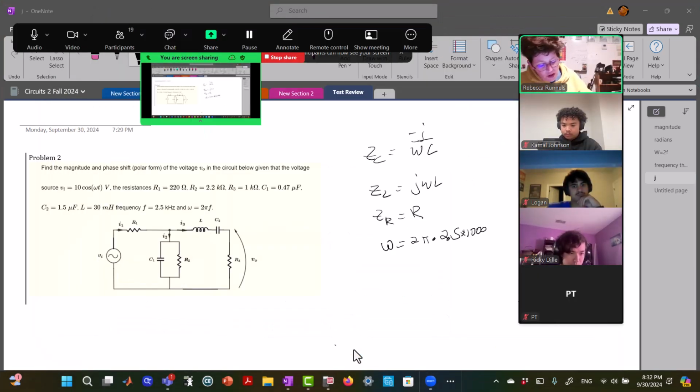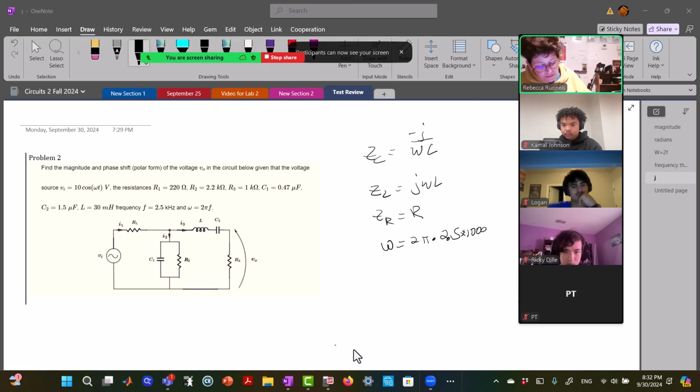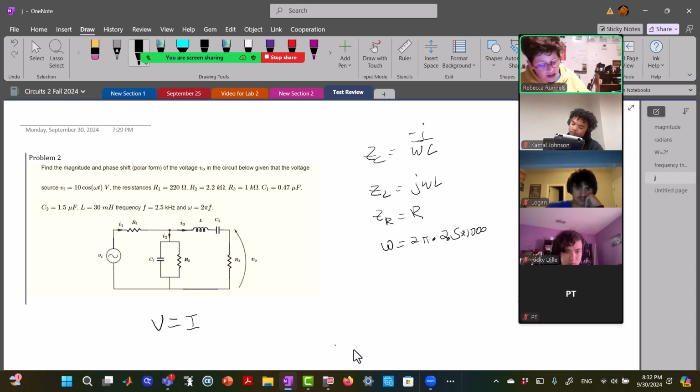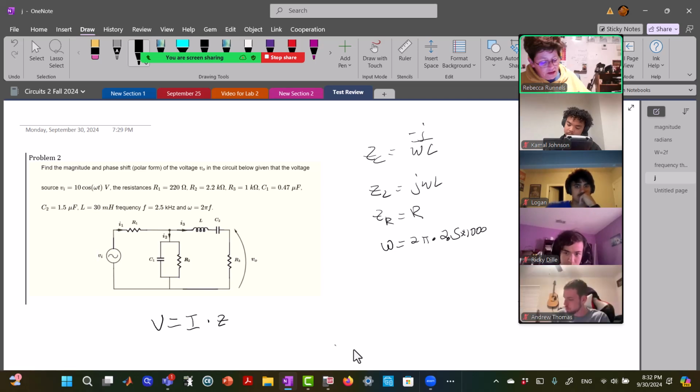Okay, so we know that V equals I times Z. Now, if the imaginary part of the impedance is 0, then that's going to make Z have angle 0. So this is going to be V equals I if we find the resonant frequency. This is not for this problem, by the way; this is for the problem before.